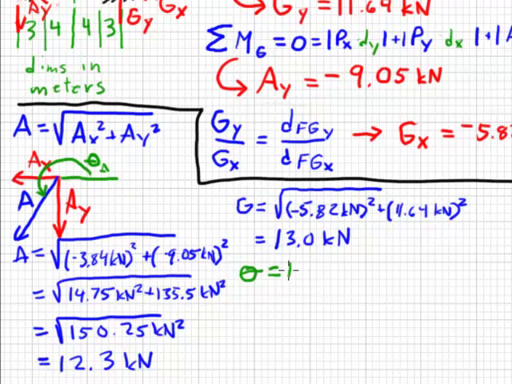So we have to put that as part of our formula so that we don't get mixed up on our calculators. So the angle will be the inverse tangent of Fy over Fx.